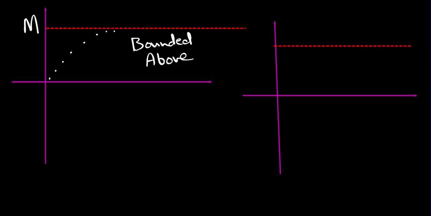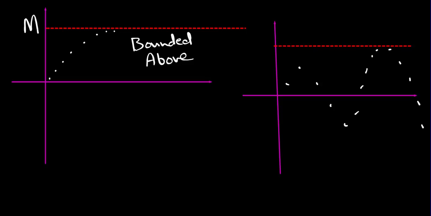Let's just look at this one here. That is bounded above, but it's not monotonic. So we have a sequence here that's not monotonic, but it's bounded above. It's never going to get any bigger than this little dashed red line up there.